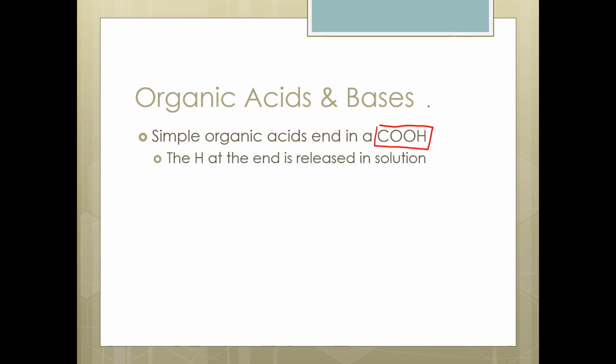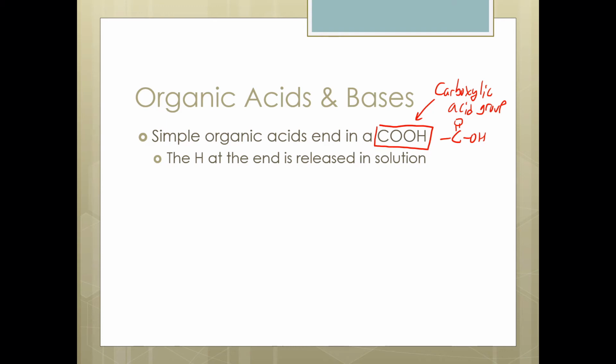If you remember from organic chemistry, this is a carboxylic acid group. The organic diagram would look like this: C double bonded to O, OH, and then this would bond to some other compound.